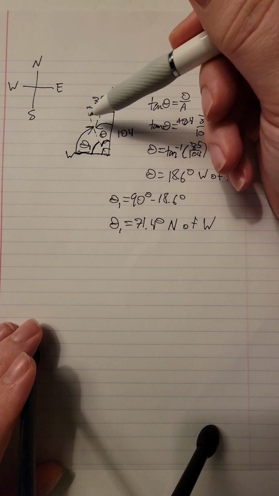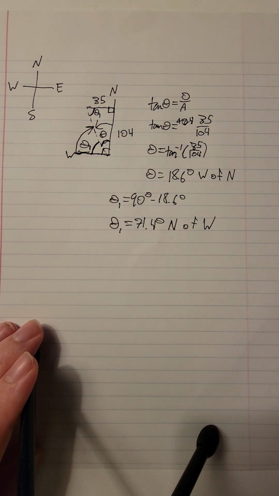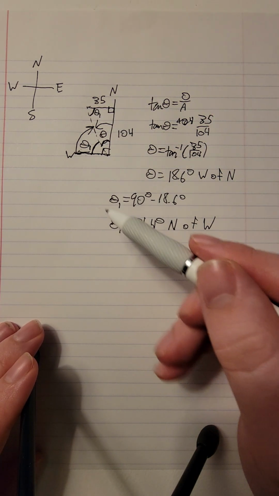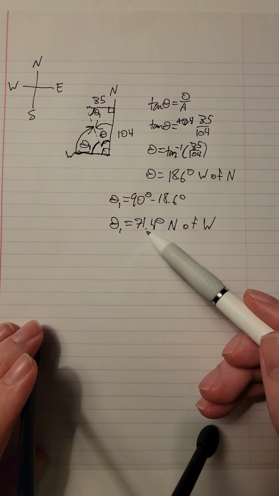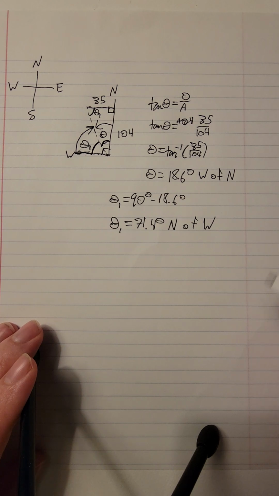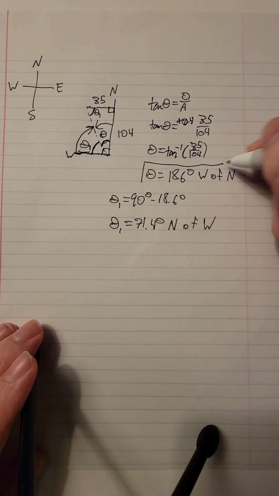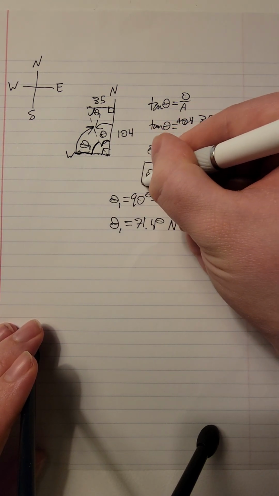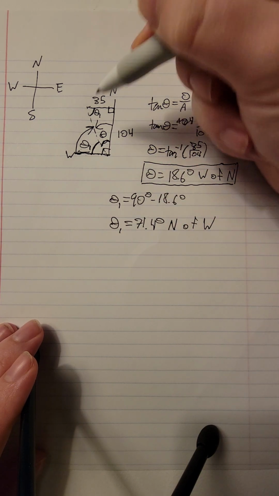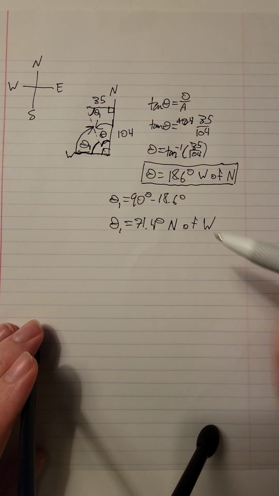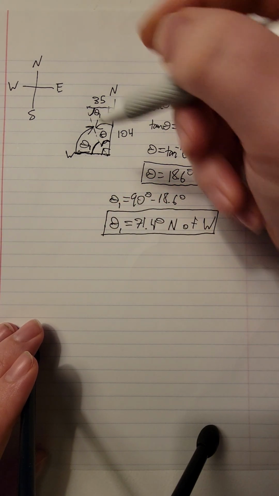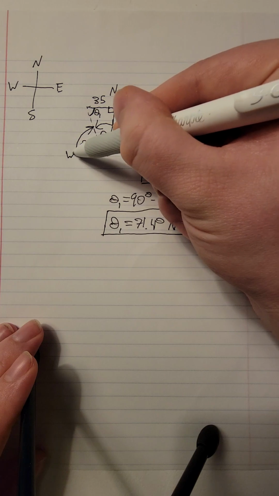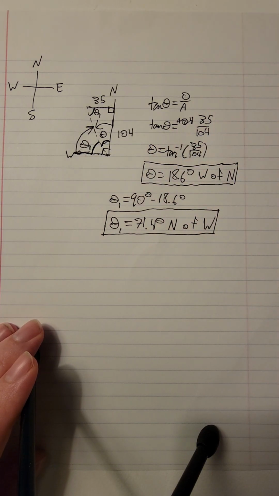And if you notice this, then you could have used that information to say the same claim that this line is positioned 71.4 degrees north of west. This answer, defining your line as west of north, or this answer down here, defining your line as north of west, those are both valid answers and they are both correct.